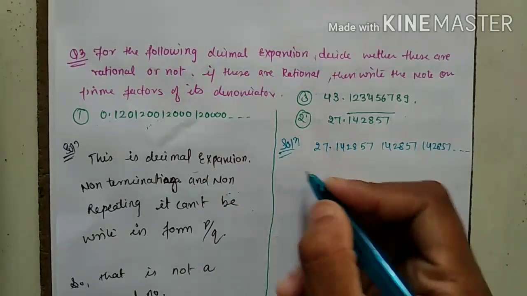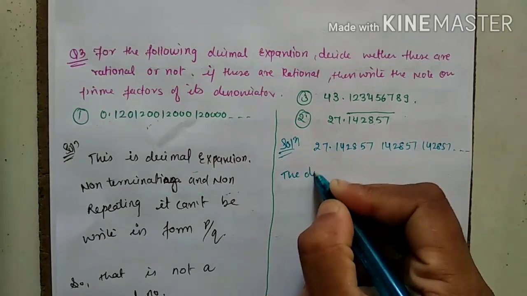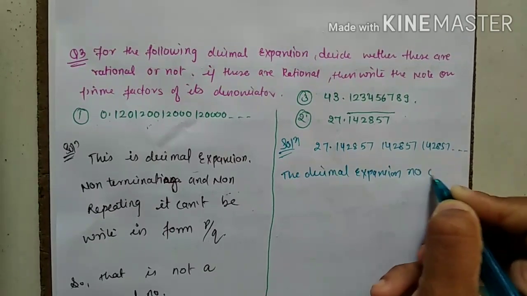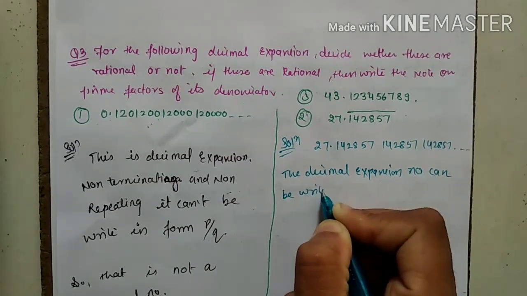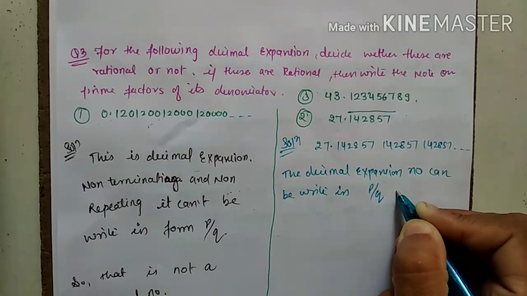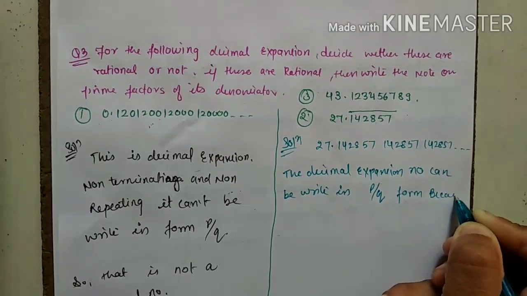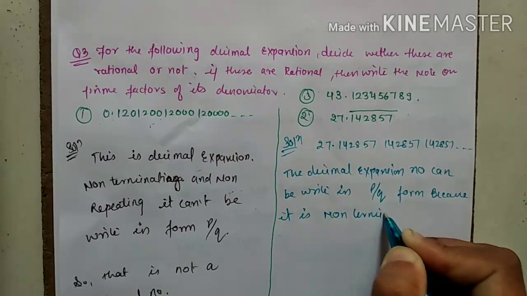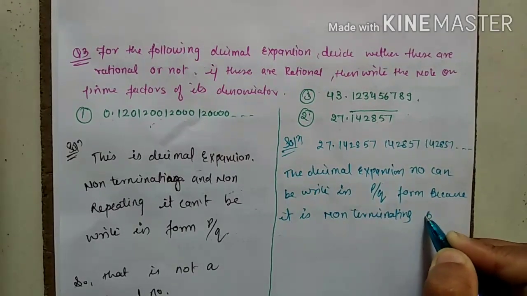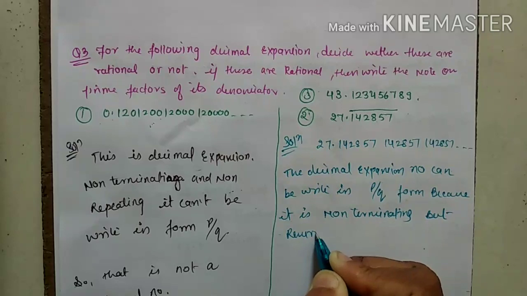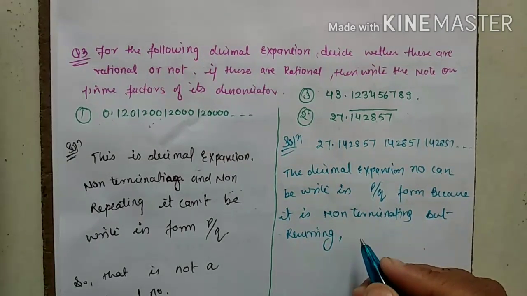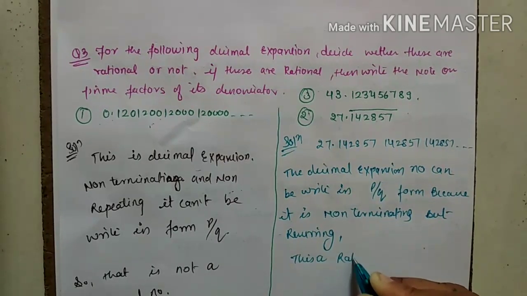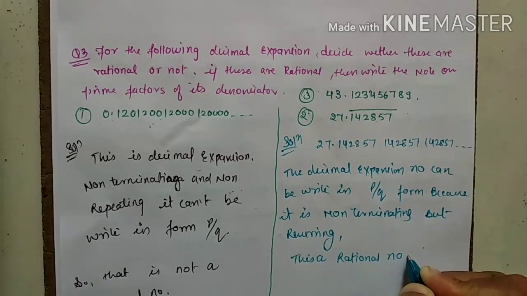So I can write the decimal expansion number can be written in P by Q form because it is non-terminating but recurring, or repeating, whatever you call it, so this is a rational number.